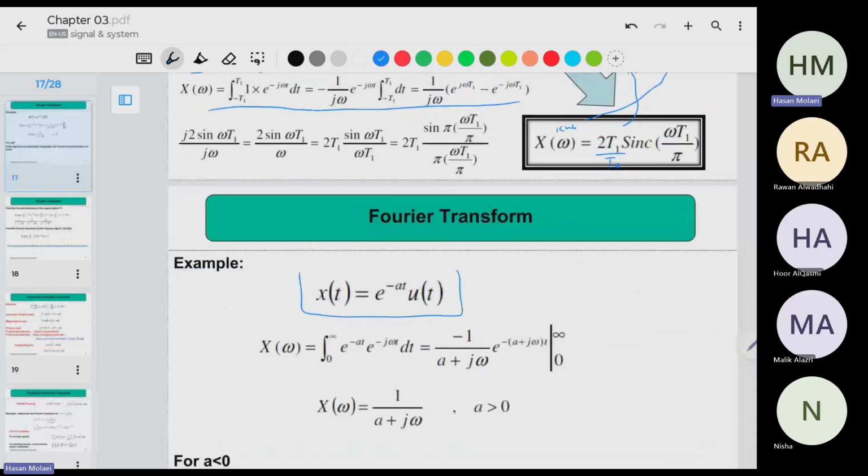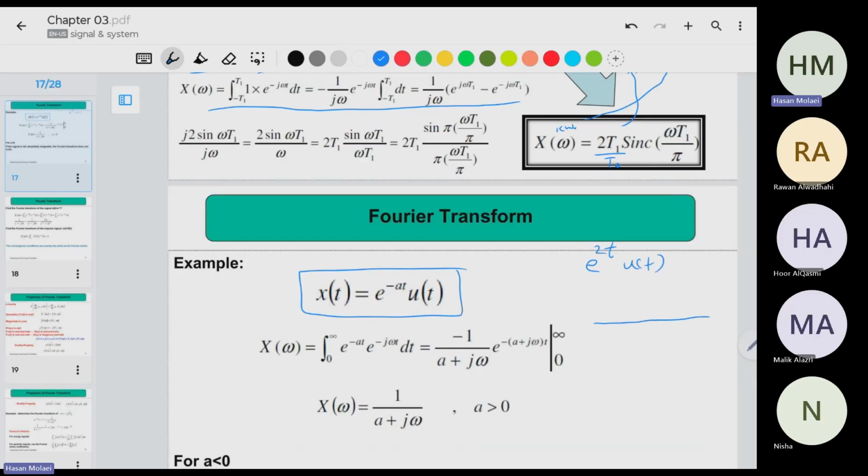I have a signal like this, exponential e to the power of minus a t. Is a positive or negative? What's the difference if a is positive or negative? Suppose a is positive, I would have e to the power of 2t u(t).